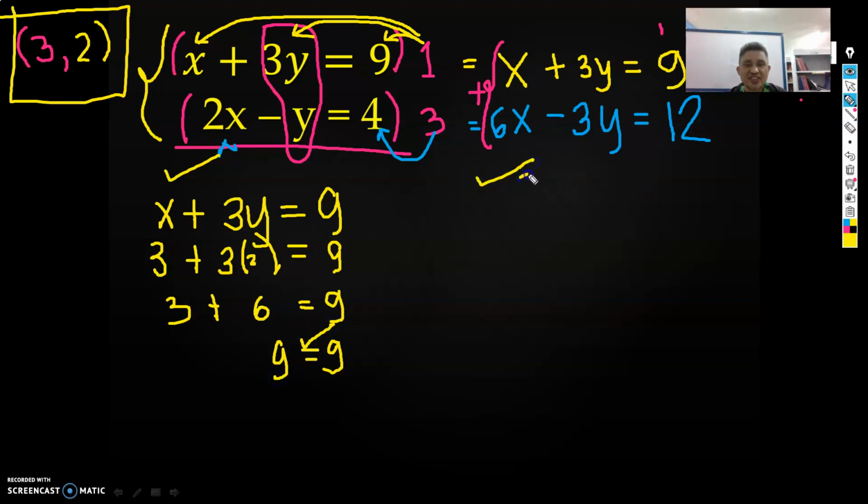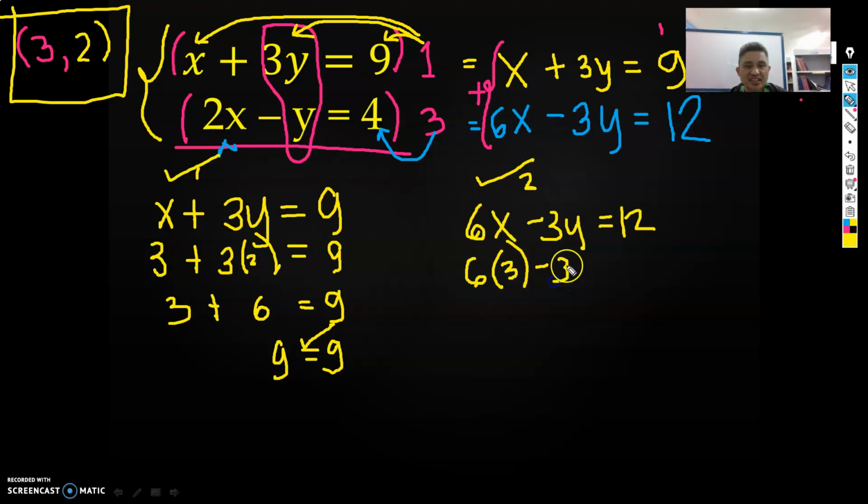Okay, so checking number 2. So, this is checking number 1. Checking number 2, 6x minus 3y equals 12. Okay, the value of x is 3.